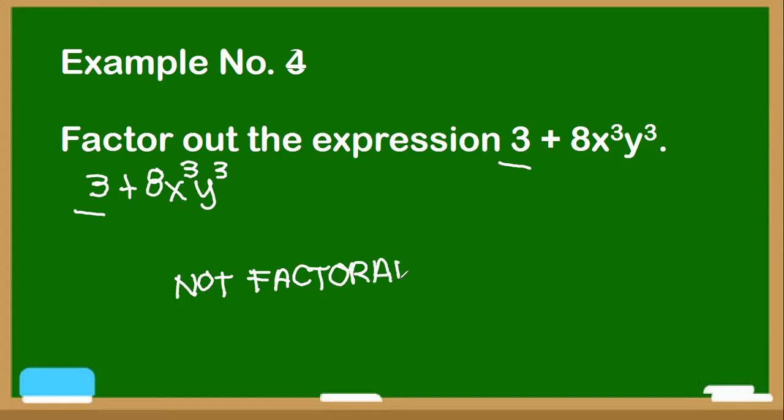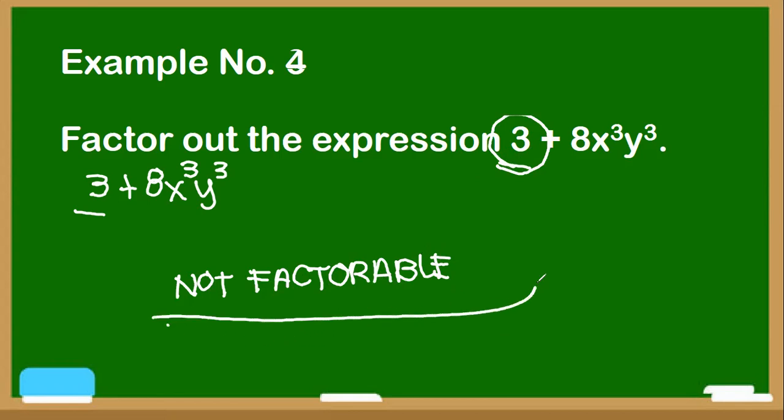Before you solve any problem regarding factoring, you have to check if the given is factorable. Since the first term of your expression is just 3, we can say that it's not factorable, unless this is 3 cubed, or you can say it's 27.